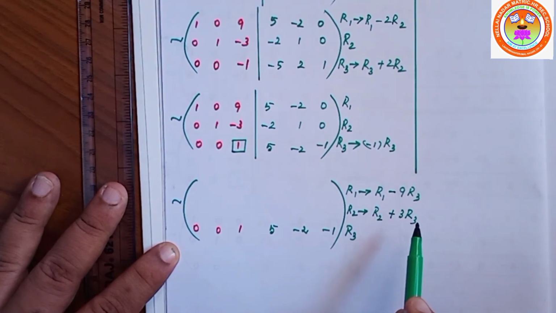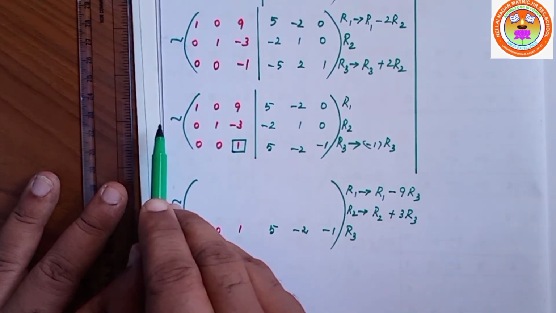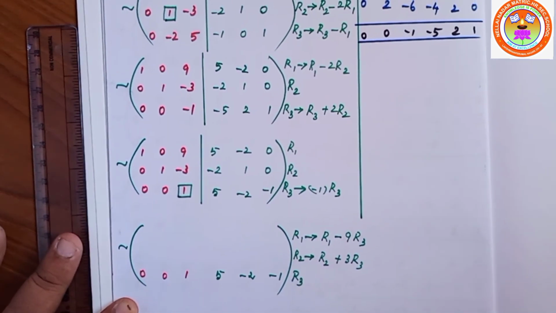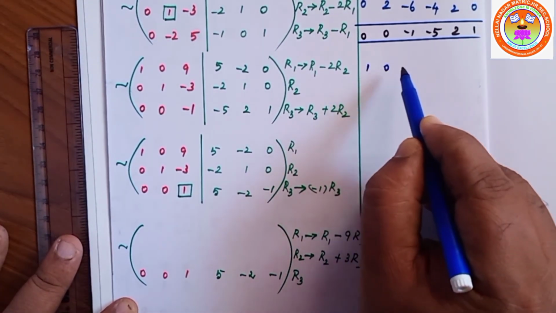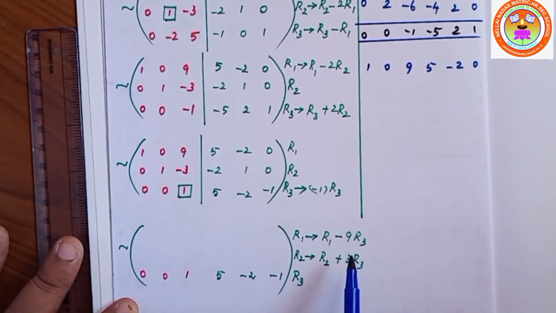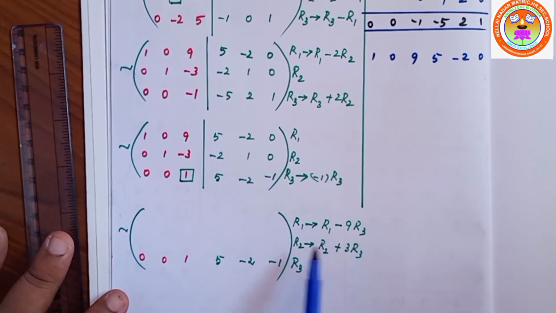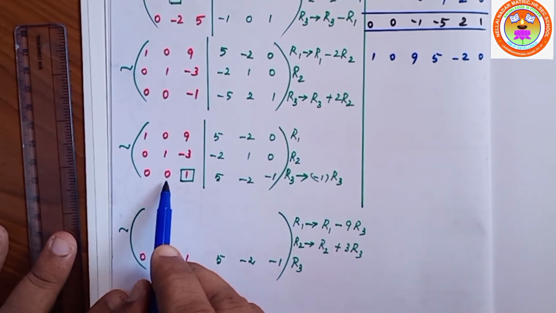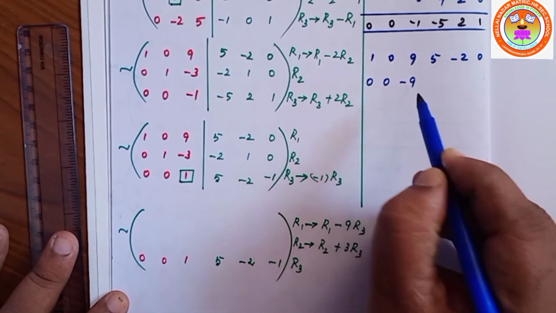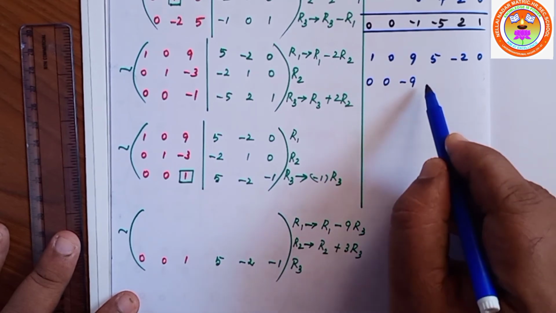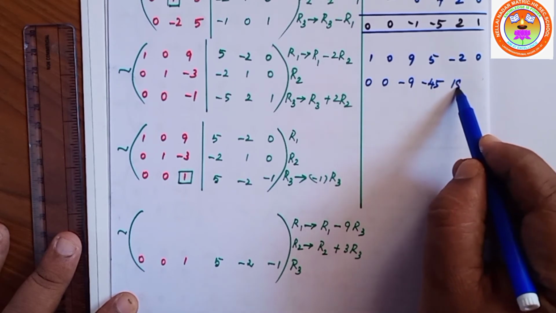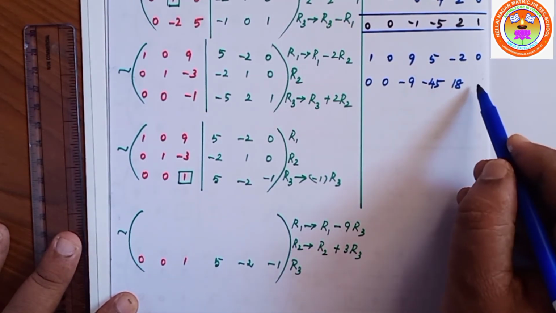Okay, so I do the calculation now. R1, write as it is: 1 0 9, 5 minus 2 0. R3 should be multiplied by minus 9. 0 into minus 9 is 0, 0 into minus 9 is 0, 1 into minus 9 is minus 9, 5 into minus 9 is minus 45, minus 2 into minus 9 is 18, minus 1 into minus 9 is plus 9.